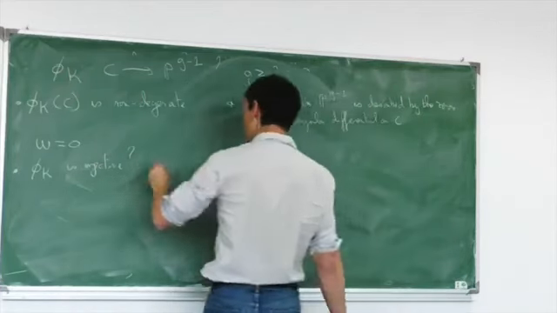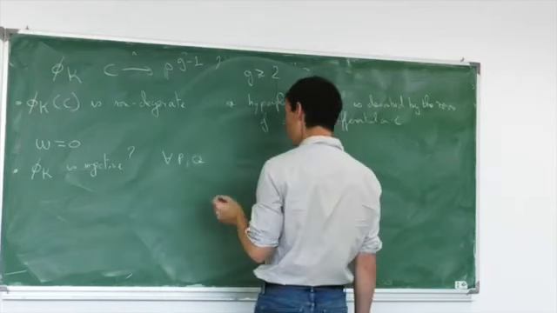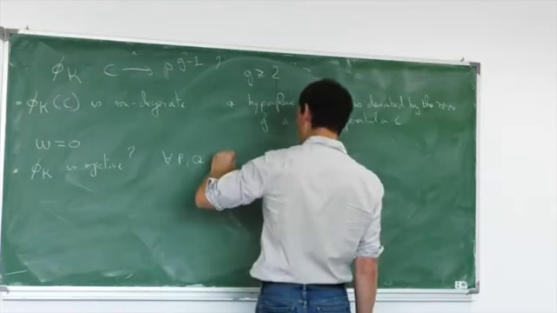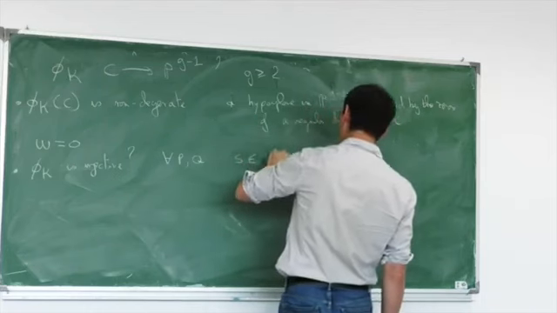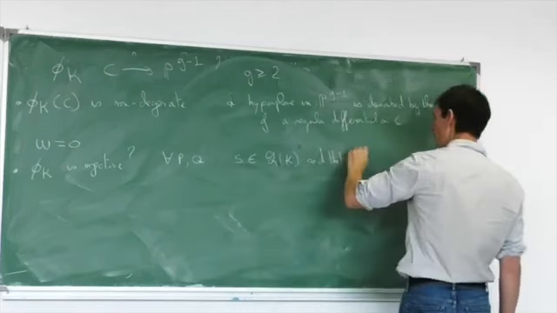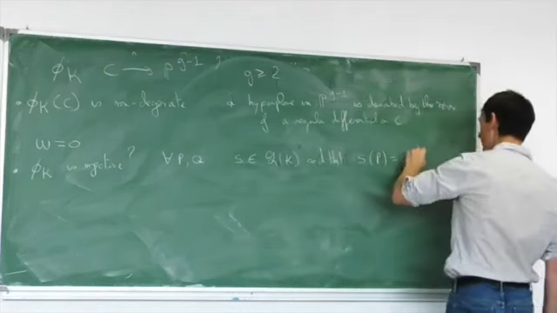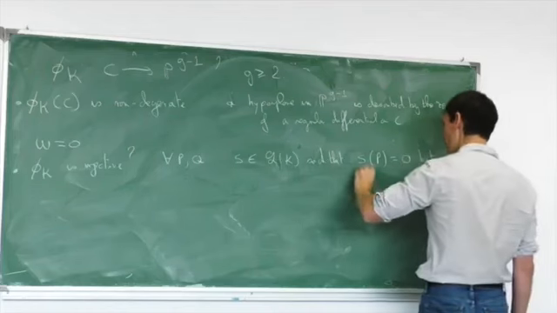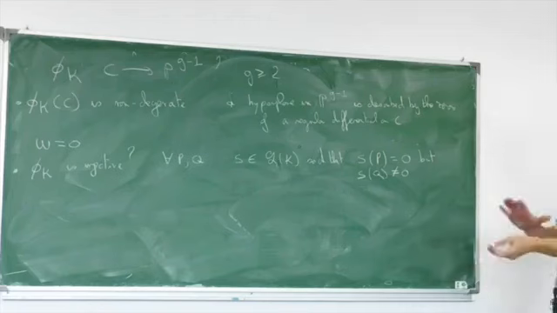It means that for all P and Q, there is S inside L of kappa such that S at P equals 0, but S at Q is different from 0. You would need to separate the points. That's what it would mean.